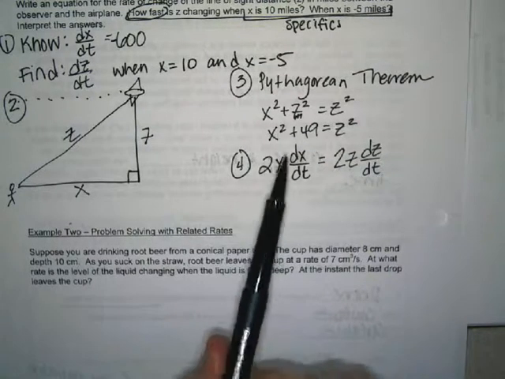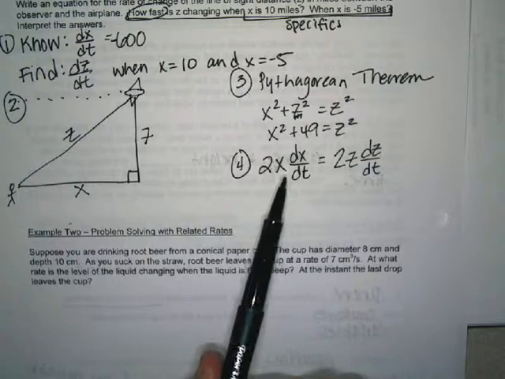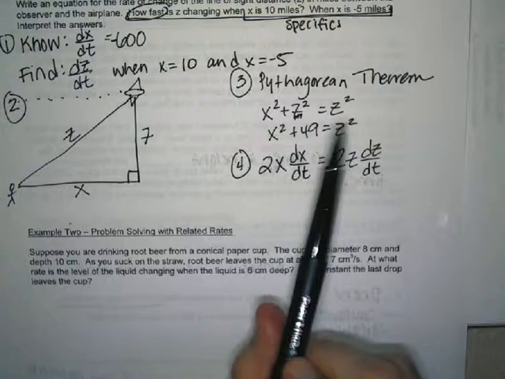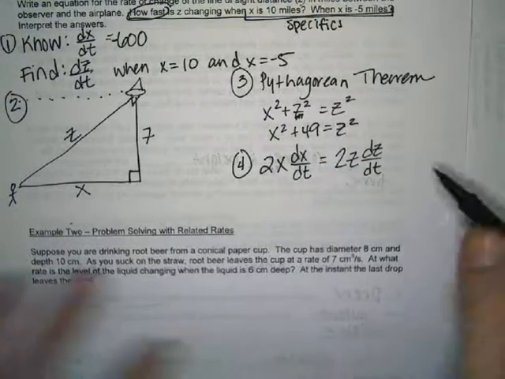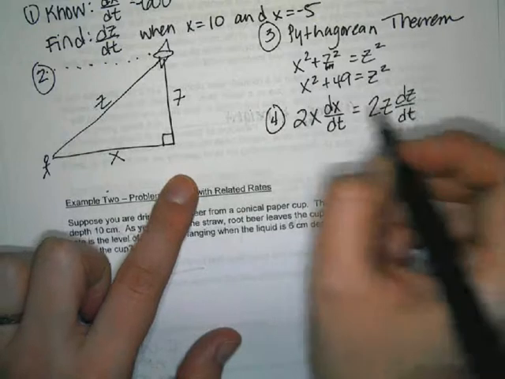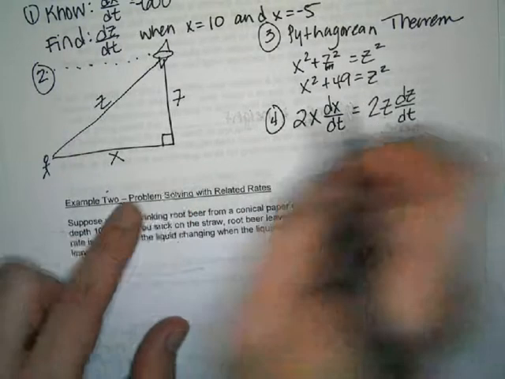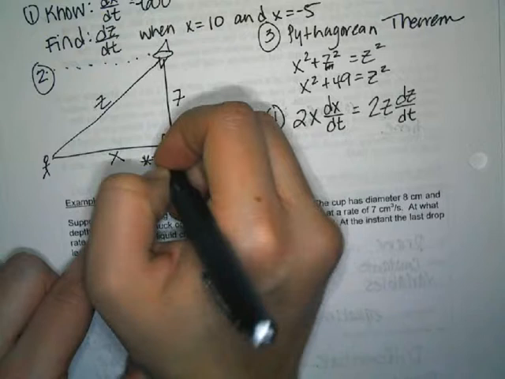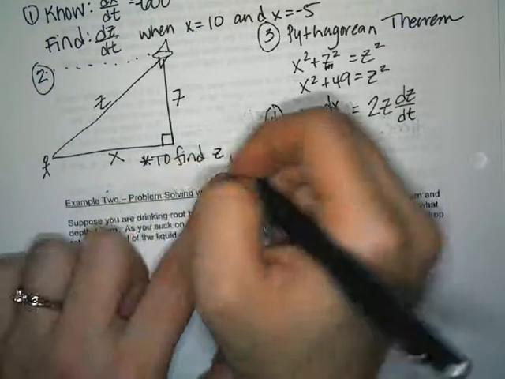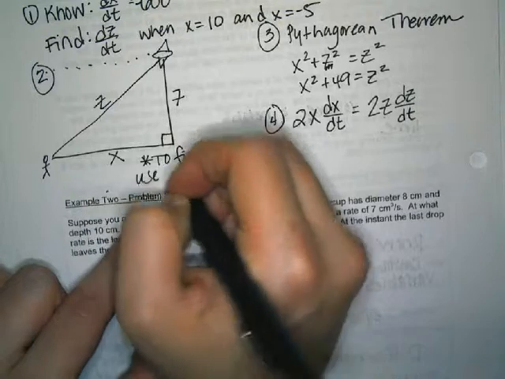If I want to plug in 10 for x, can I find z? You plug it in. Yeah, if we plug it in up here. So here, we're going to have to do a little bit of side work. Let me mark it down like this. To find z, use the original equation.